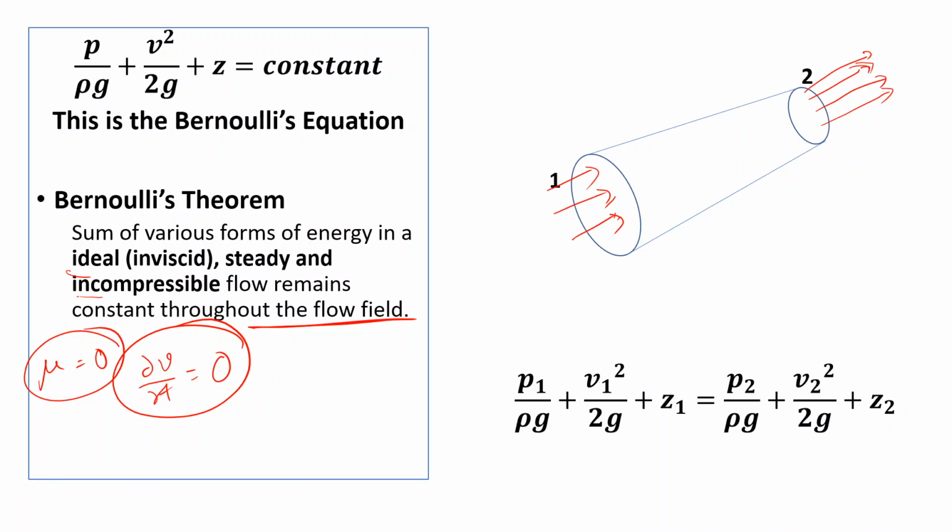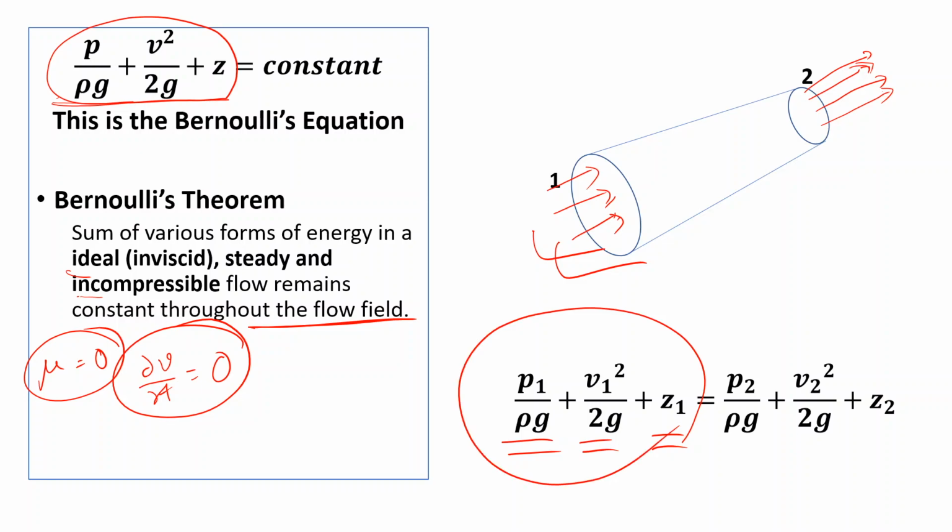So this equation, which says that the summation of all these terms remains constant, means that if we find the summation of all these terms at this section 1, which is p1 by rho g plus v1 square by 2g plus z1, whatever that summation value is, if we calculate the same summation in section 2, that is p2 by rho g plus v2 square by 2g plus z2, then the summation will remain the same.